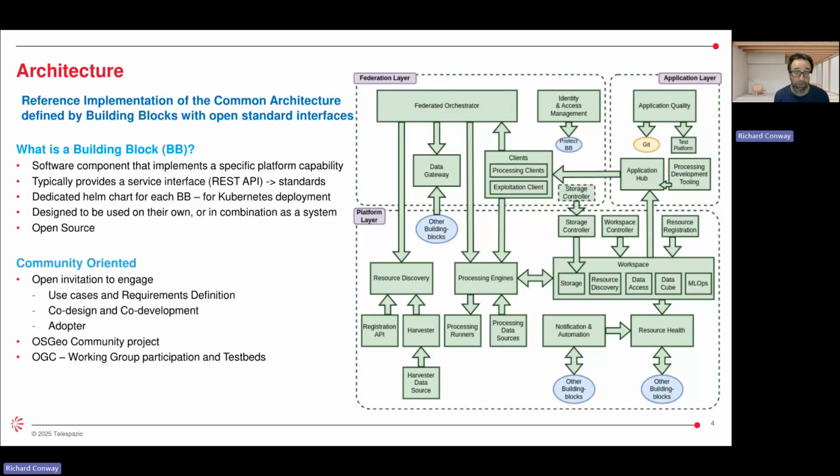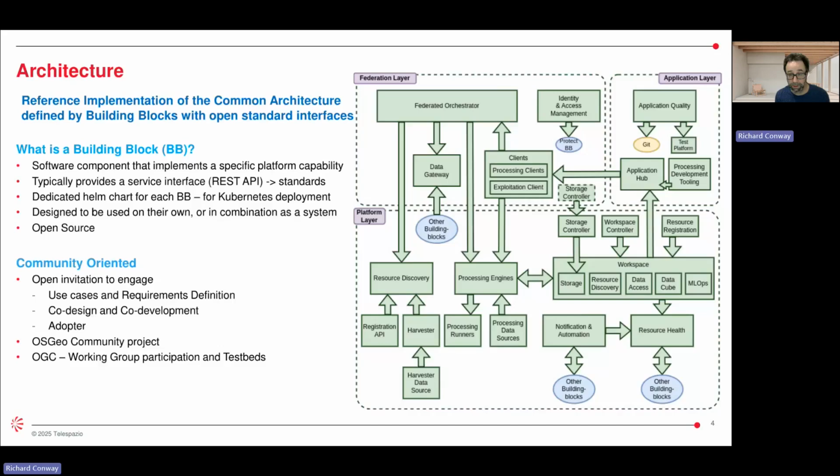We offer up a set of building blocks as an integratable set of capabilities to form the bulk of what you might expect in a platform. But equally, they are designed so that you can pick and choose and just pick particular capabilities if that meets your needs. And of course, all of this is open source.